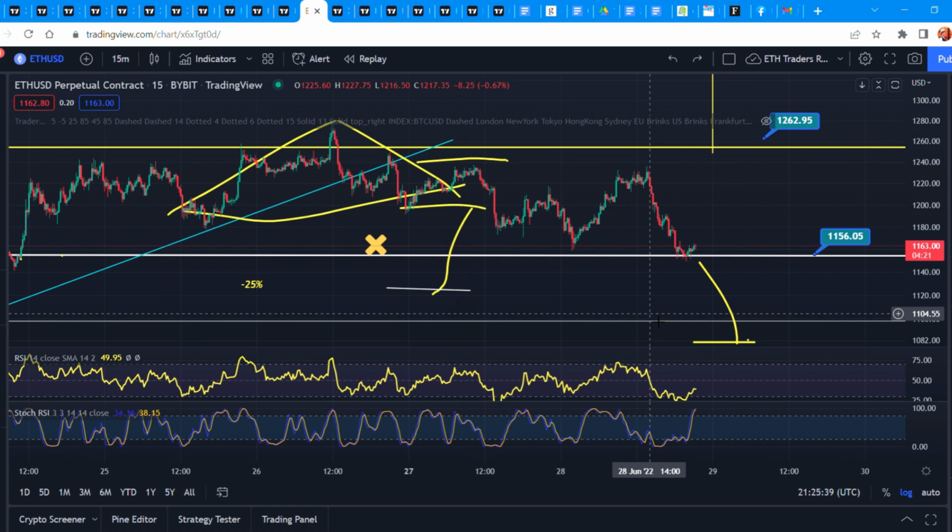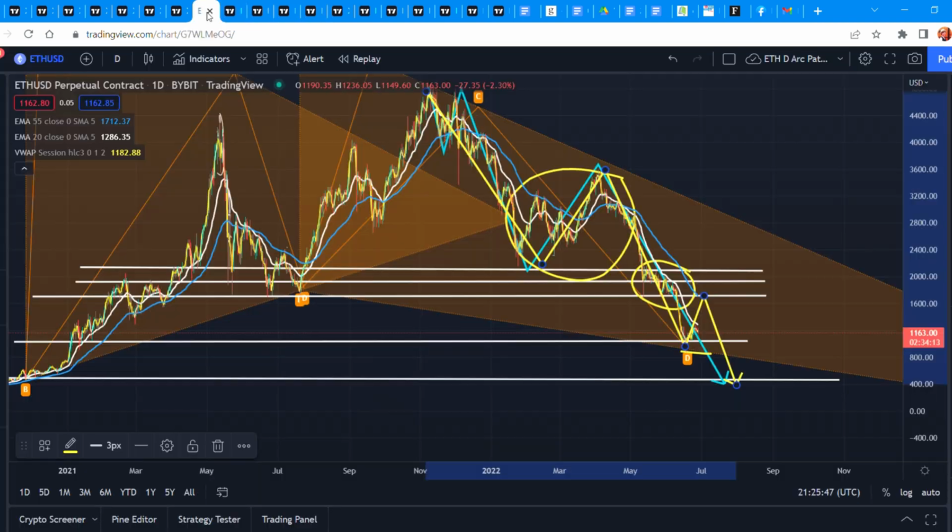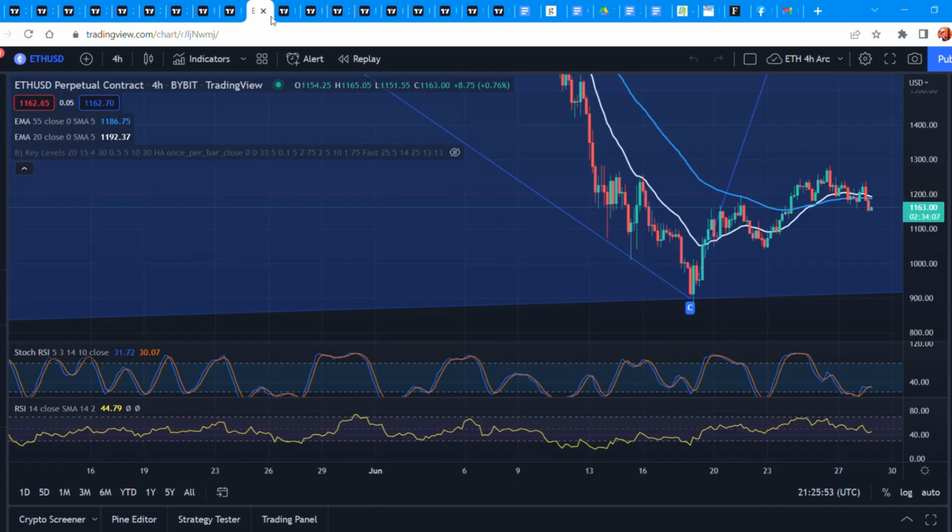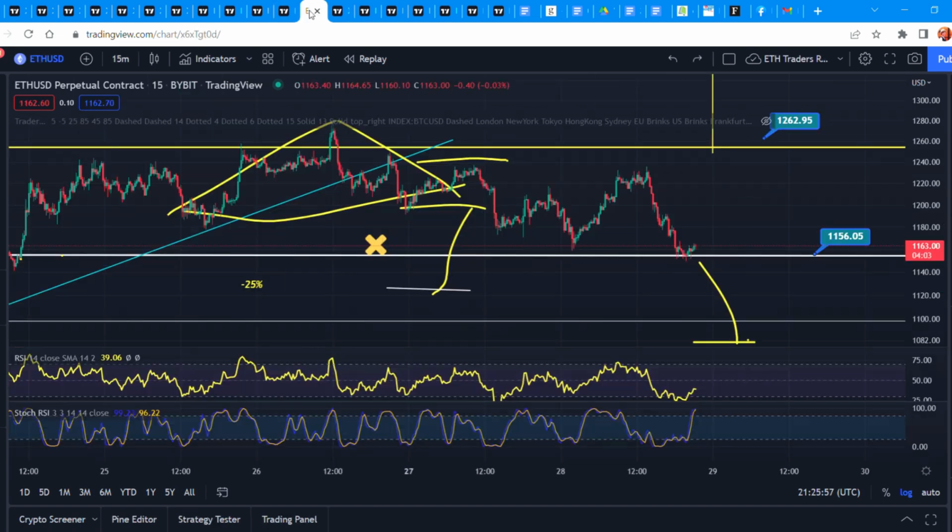So when I start the day, I will look at where we are on the day, on the 4-hour, and on the 1-hour.